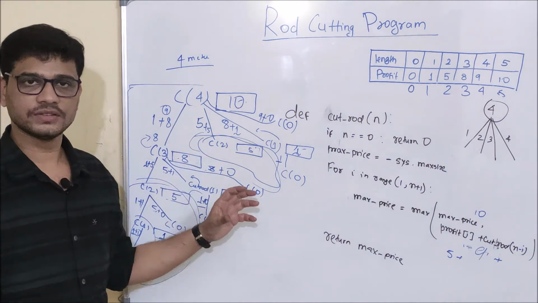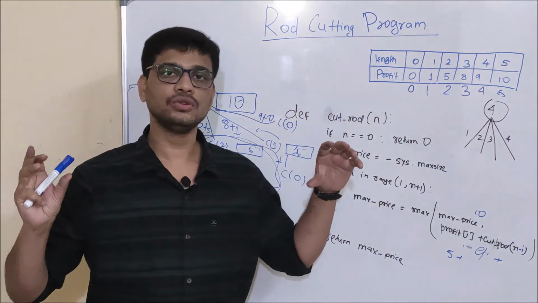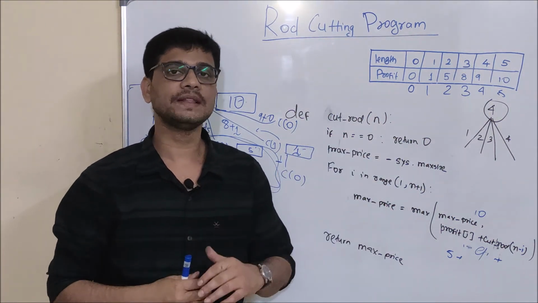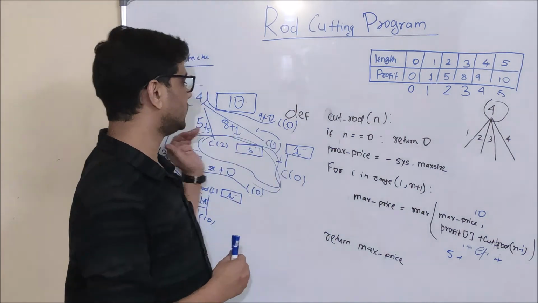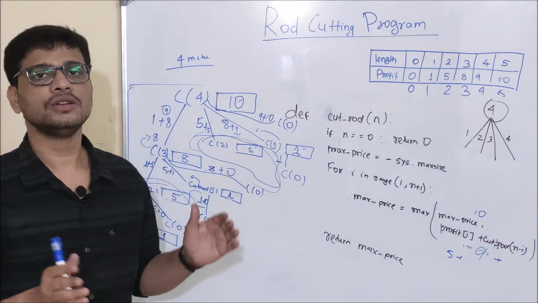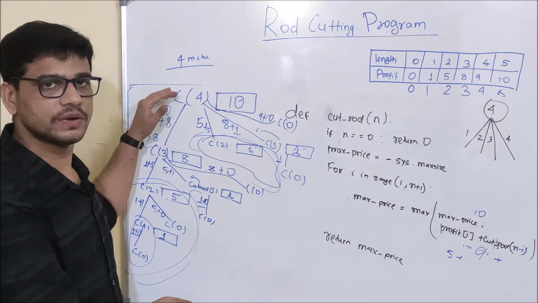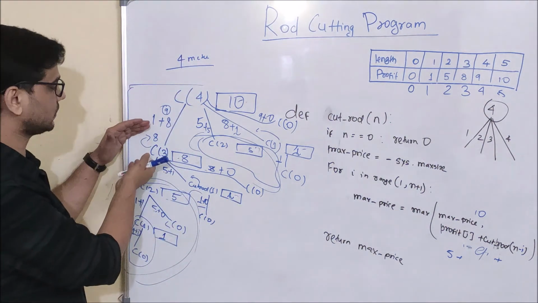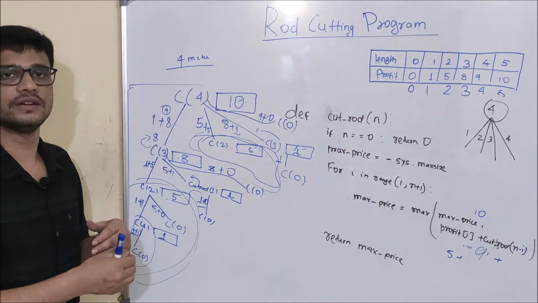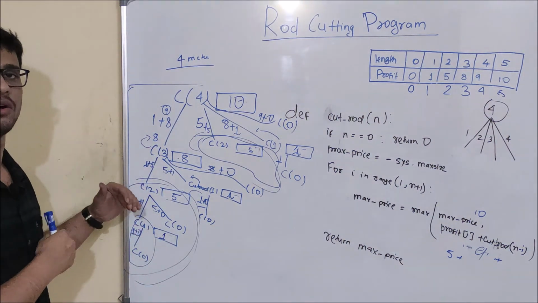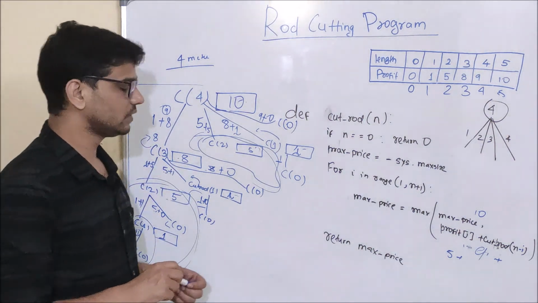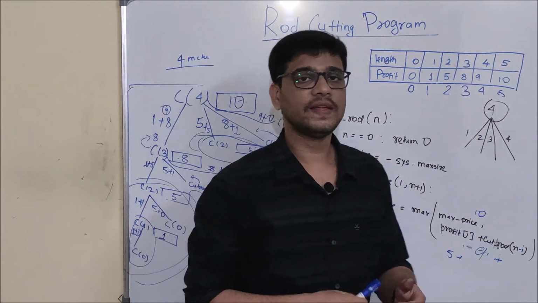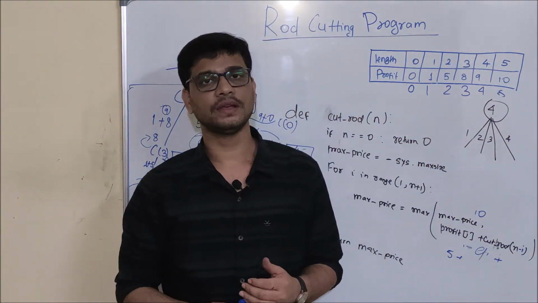It will make 4 function calls, and at last it will pick the maximum among these 4. So you can see that the optimal substructure property is satisfied here, and all these functions are going to return the optimal value in themselves. So basically what is the finding from here? That we can apply dynamic programming.